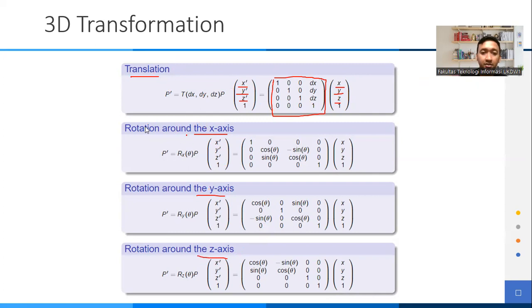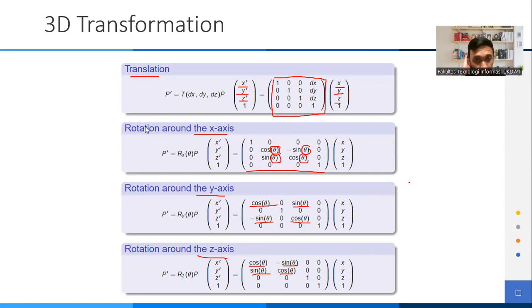Each axis has a different transformation matrix, but it's also in a 4x4 matrix dimension, and we can set the degree here for the matrix for the rotation: the degree of rotation for the x-axis, this for the y-axis here, and for the z-axis in here.